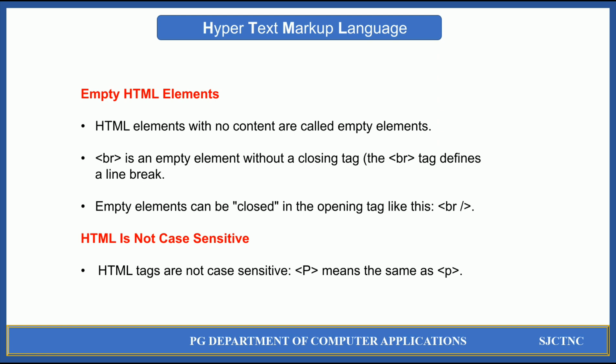The break tag is an empty element without a closing tag. An empty element can be closed in the opening tag itself, that is br slash. So if you don't have a closing tag, it is called an empty element. That is, elements that have no content are called empty elements.